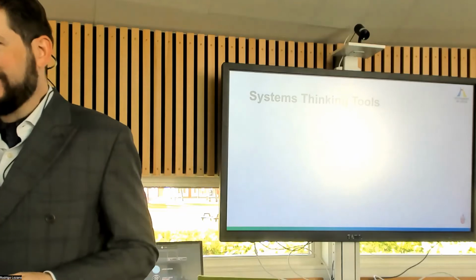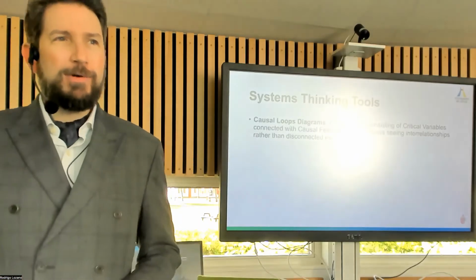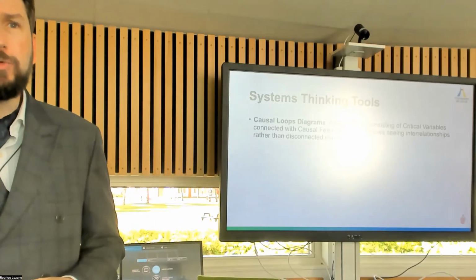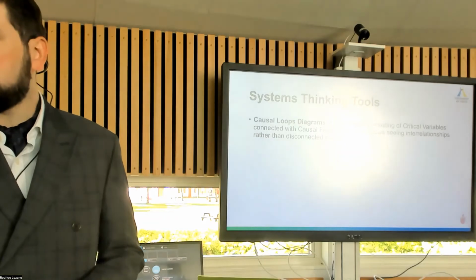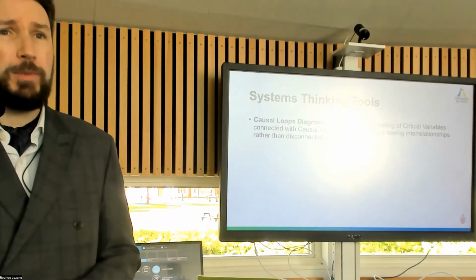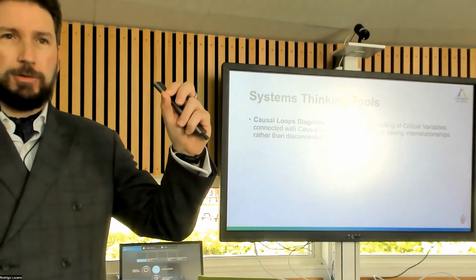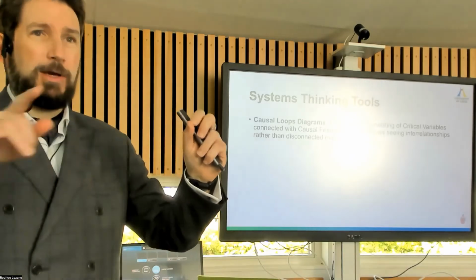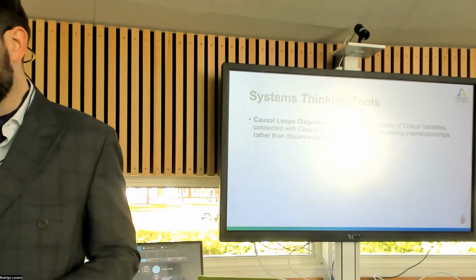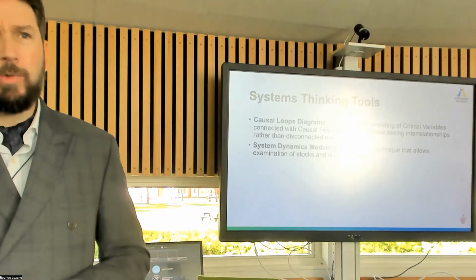Very entertaining. So we have a lot of different systems thinking tools, as we have for LCA. We have causal loop diagrams, and you might have seen them. You have a little node here, a little node there, little arrows, positive and negative, and then it goes here and there. We also have system dynamics modeling.